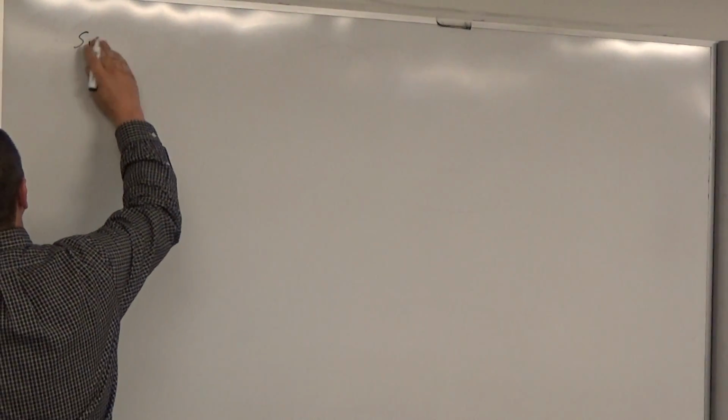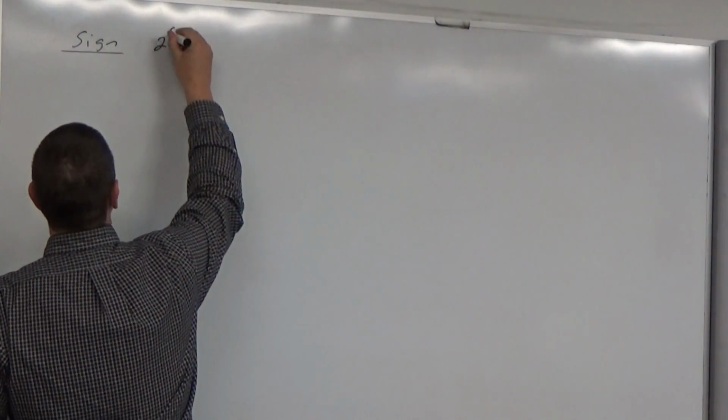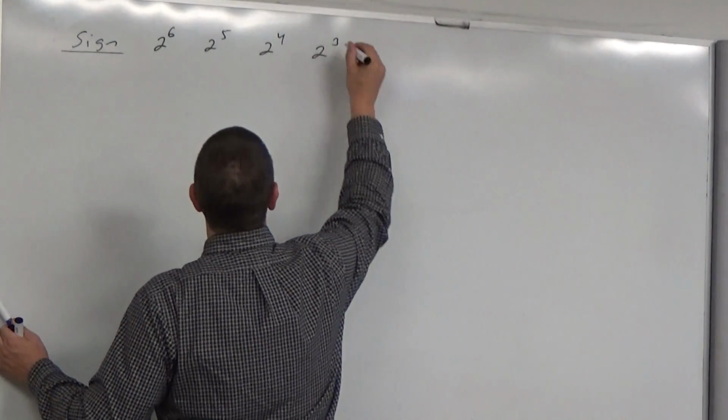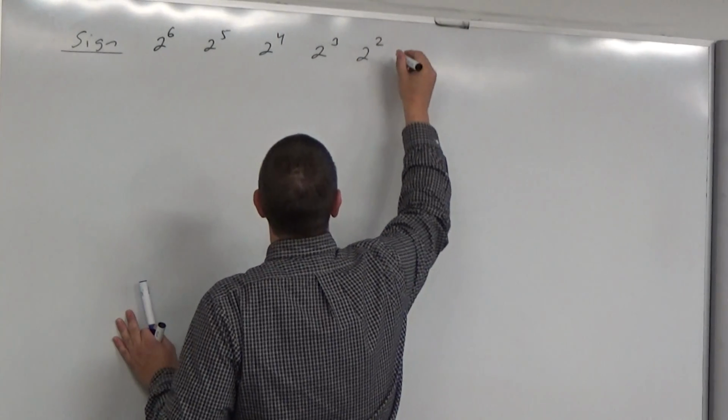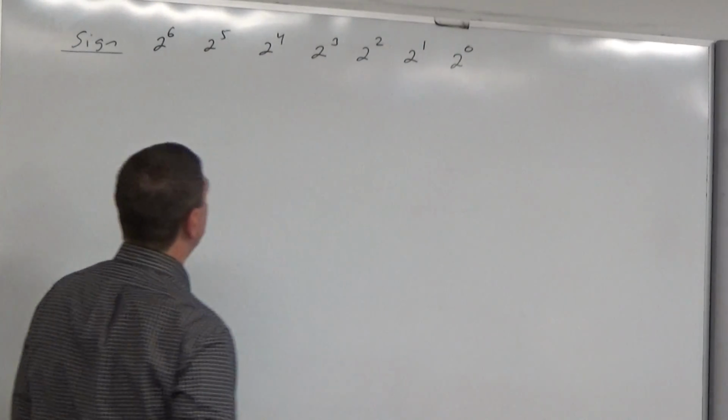All right. So here's the way I think about this, guys. We start off with our sign bit. And then we have 2 to the 6th, 2 to the 5th, 2 to the 4th, 2 to the 3rd, 2 squared, 2 to the 1st, 2 to the 0.